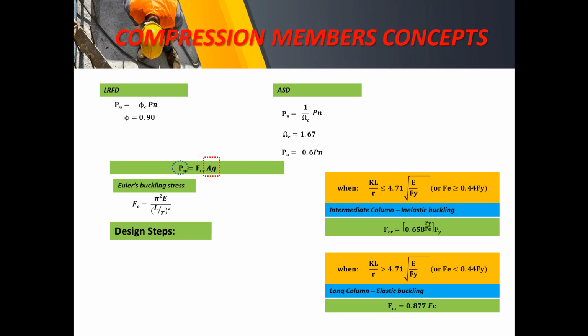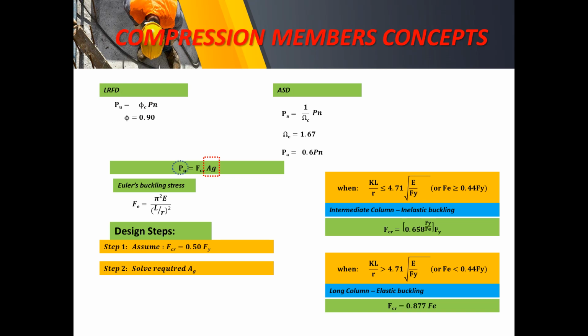Instead of this procedure, we are going to have an assumption: Fcr is equal to 0.5 of Fy. This assumption is based on an arbitrary choice based on experience.